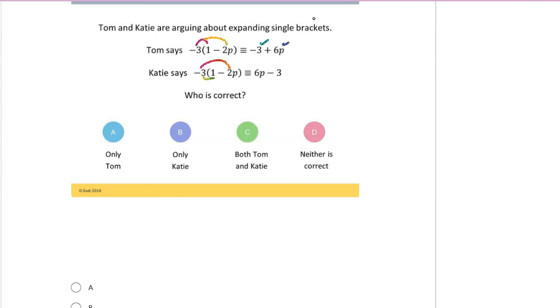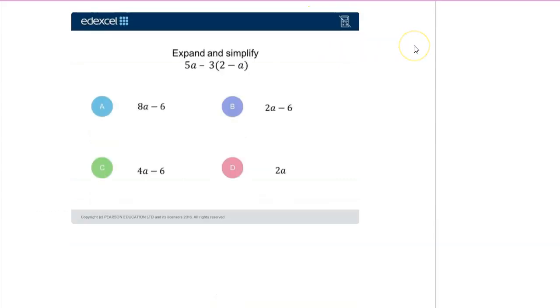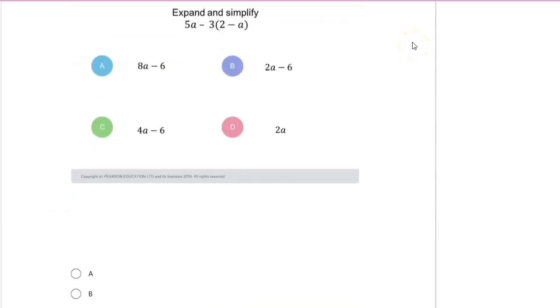But in terms of the order in which we'd like to see our answer written, usually we'll put our term containing a variable before our constant, and definitely if we can have a positive before a negative rather than a negative number and then adding a positive, it just saves on a symbol. Mathematicians like to be as efficient as possible, so we'd probably write it the way Katie's actually written it there. But both of them are correct. If you wrote it either way in an exam, your teacher would probably be kind and give you the mark either way as well.